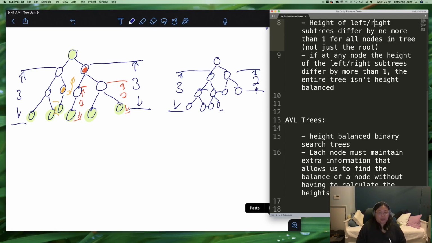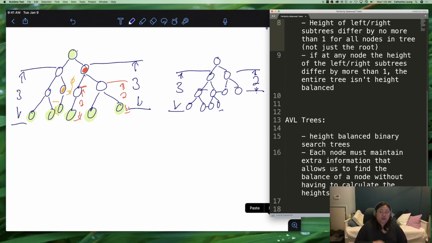What that means is that when we actually go to implement this, we have to add a little bit of extra information to every single node within the tree. So an AVL tree isn't something that you can implement without adding some extra information.